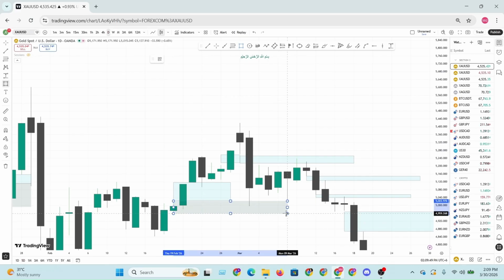So let's find out some more. This is an order block. You can clearly see the market will come and go again, again. This is an order block.